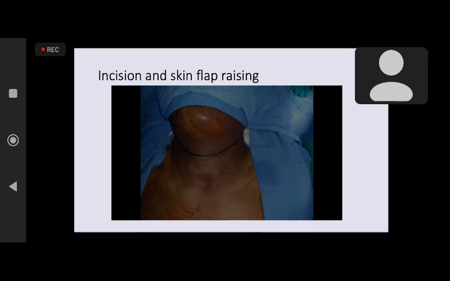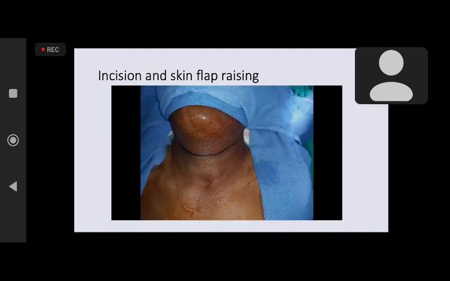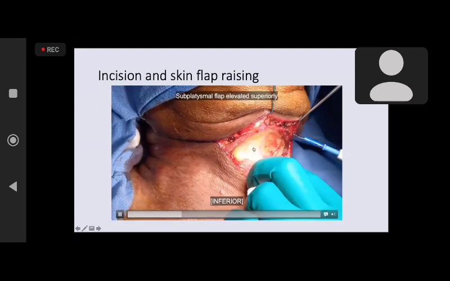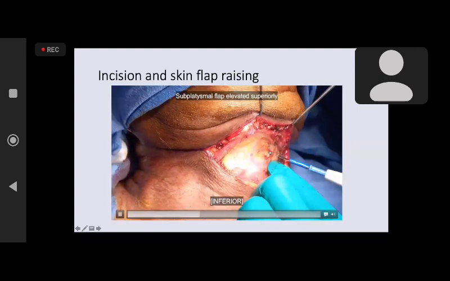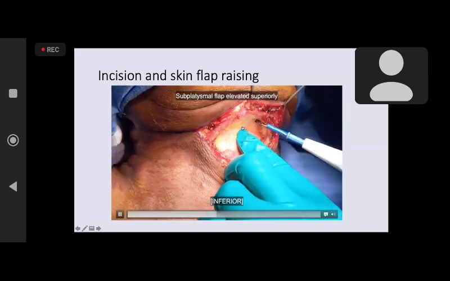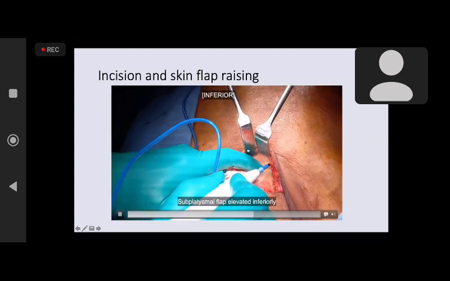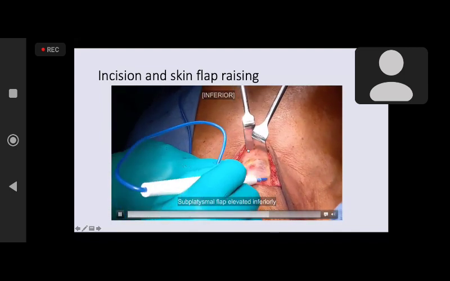That is the standard incision. The subplatysmal flap we have to elevate, and we go up to slightly above the hyoid bone, because we need to put a suture there at the end of the surgery.